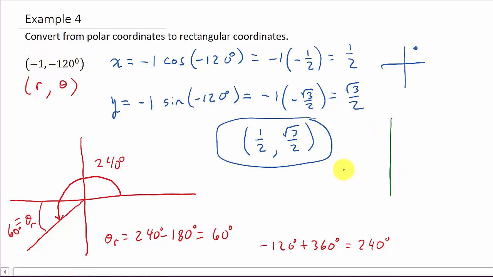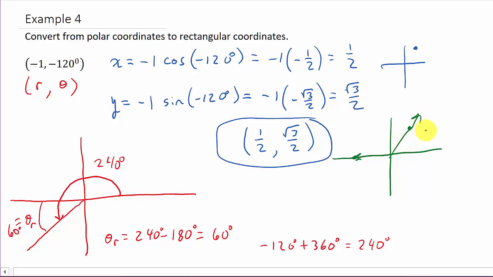If we plot the polar coordinate, remember r is -1, so I don't go to the right, I go to the left, negative, and then I rotate -120. Normally when we rotate a positive angle, we rotate in a counterclockwise direction. But since this is -120, I rotate in a clockwise direction, which would put me over here in the first quadrant.